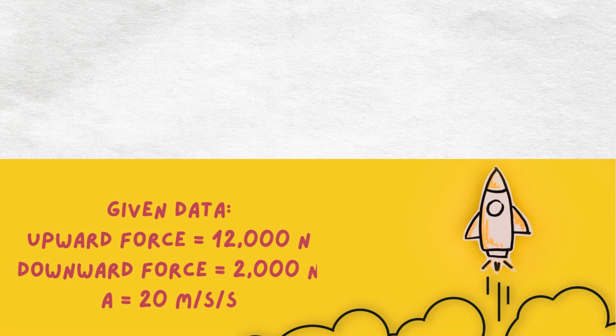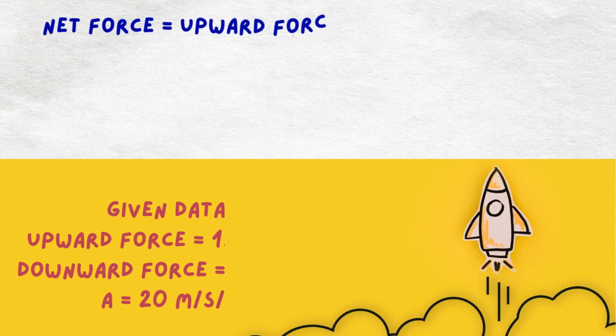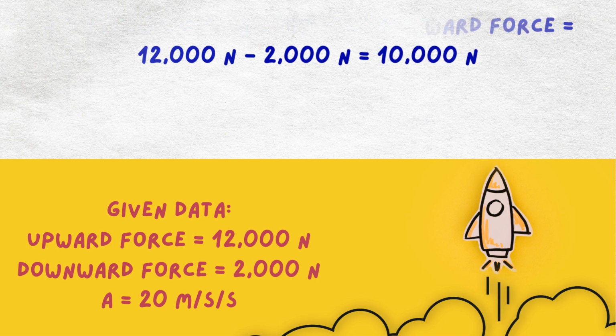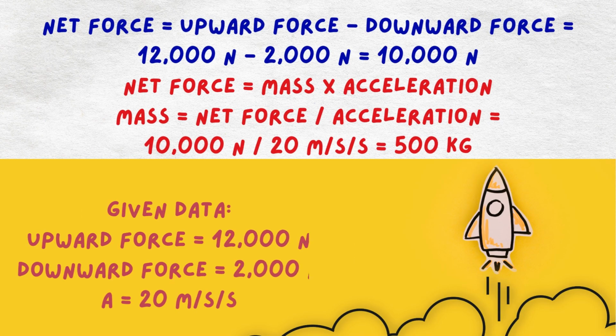Given data is the upward force 12,000 newtons and the downward force 2,000 newtons and the acceleration, which is 20 meters per second squared. So the net force is the upward force minus the downward force. So that equals 10,000 newtons. Net force equals mass times acceleration. Mass is net force over acceleration. So we get 10,000 newtons divided by 20 meters per second squared gives you 500 kilograms for the mass of the rocket.